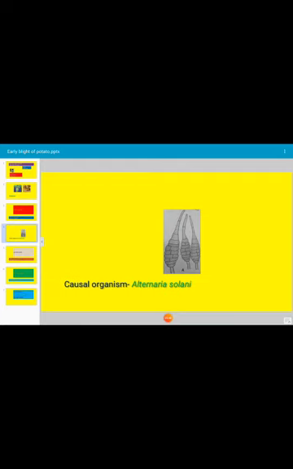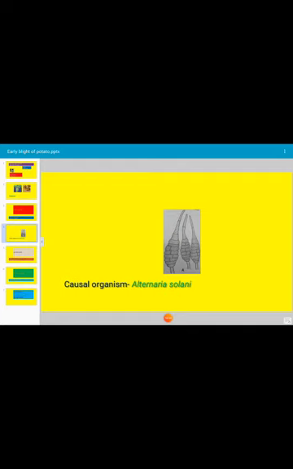What happens in the presence of enough food material to the fungus? The fungus absorbs enough food material and it reproduces by producing conidia. In the presence of enough nutrition, the fungus starts reproduction inside the host tissue.